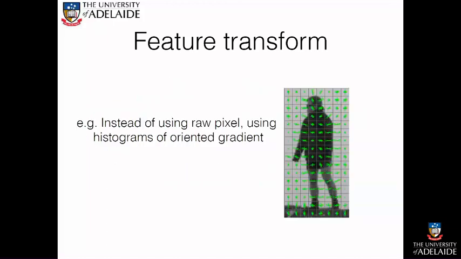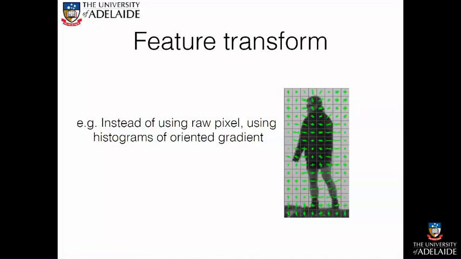All right, and this can be related to the idea of extracting features. Here I just show you an example. Given an RGB image, we do not use the raw pixel value as the representation of the image because it's not powerful enough. So previously, what people do is use the so-called histograms of oriented gradient. The idea is that you calculate the gradient for each pixel, and then you bin the gradient of each pixel into a histogram according to the angle, or the orientation, of the gradient.